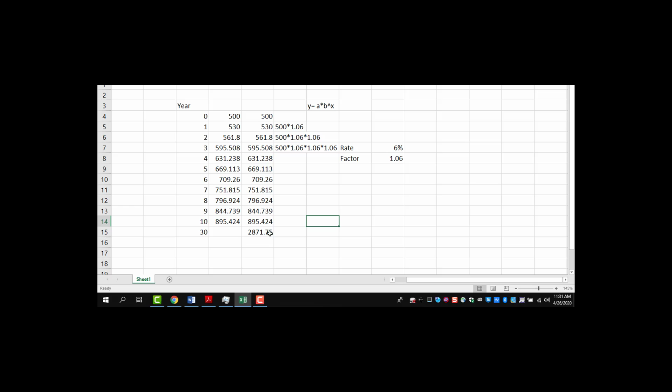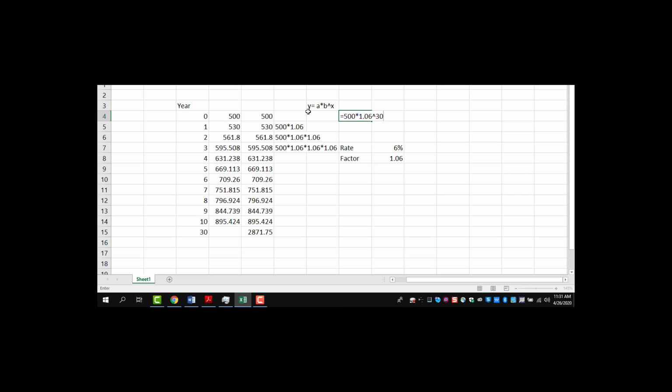Boom, there it is, right? So all it did here is go the output equals 500 times 1.06 raised to the 30th power. And that's what's nice about the formula. If you're looking for a specific answer, there it is.